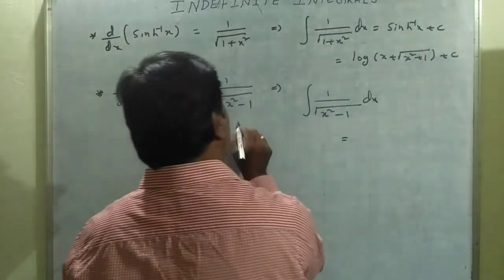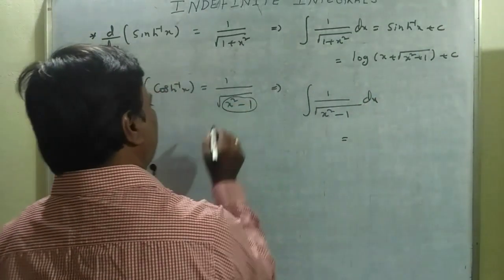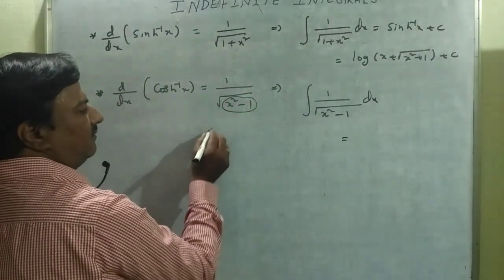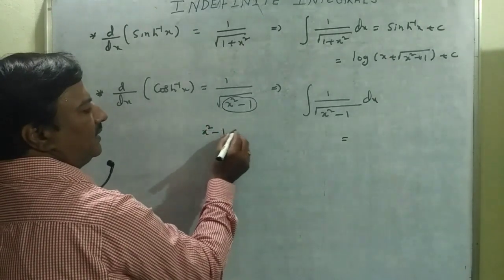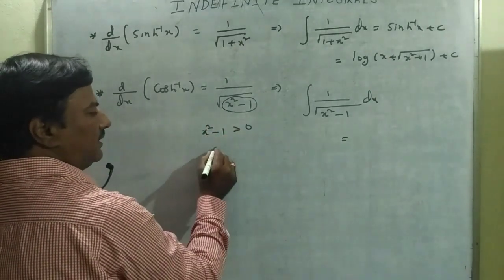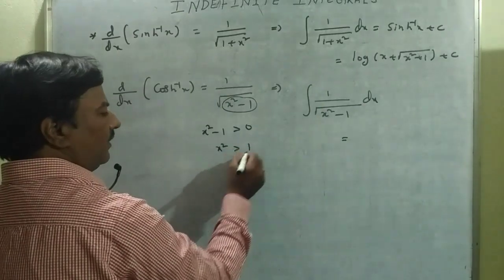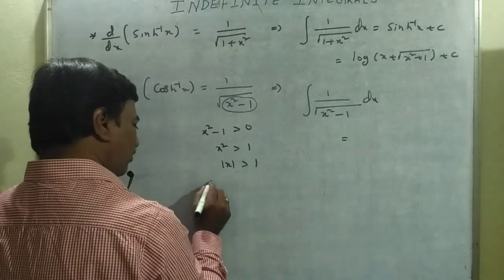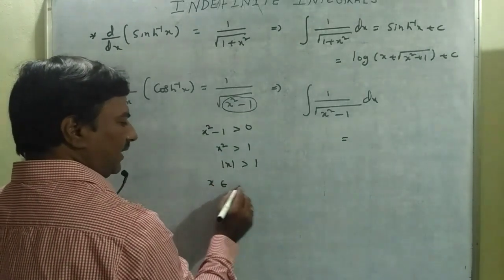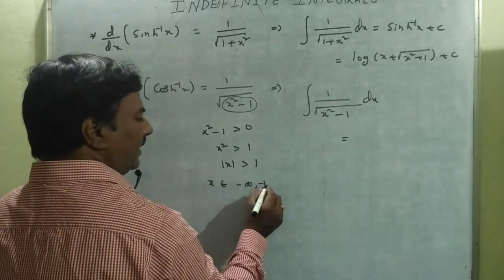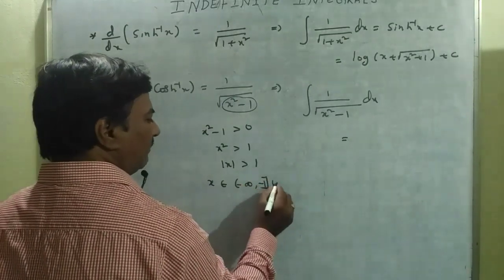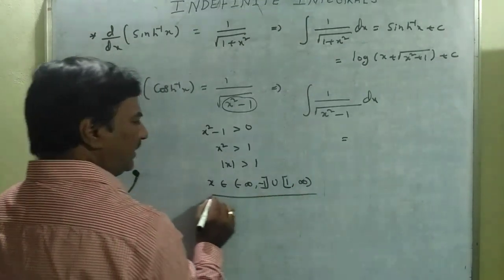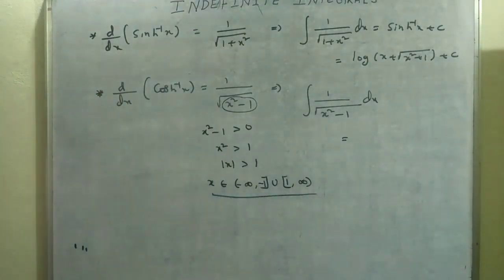Here we need the domain of cosh inverse, which is a square root function, defined for x squared greater than 1, that is mod x greater than 1. So the domain is x belongs to minus infinity to minus 1 union 1 to infinity.